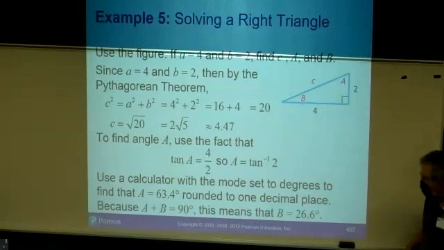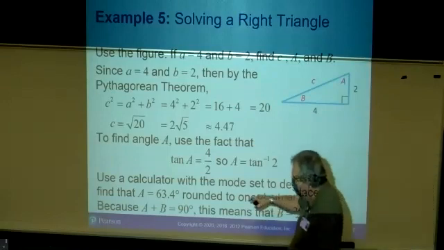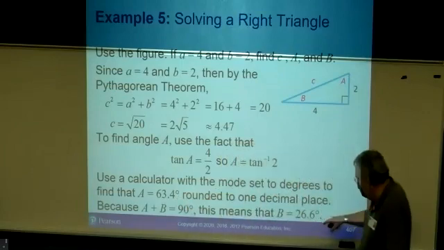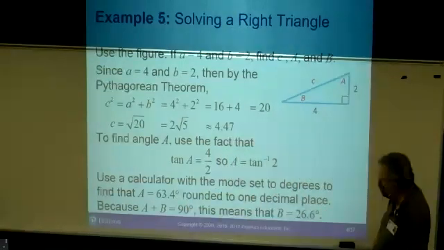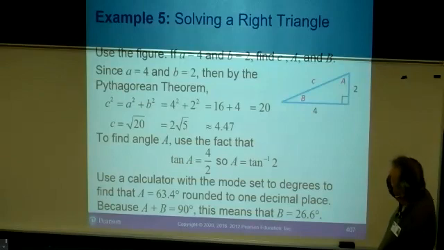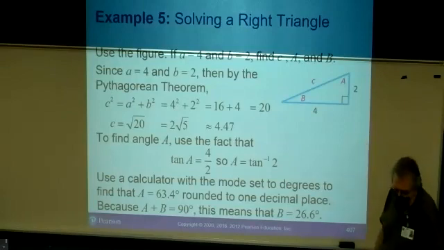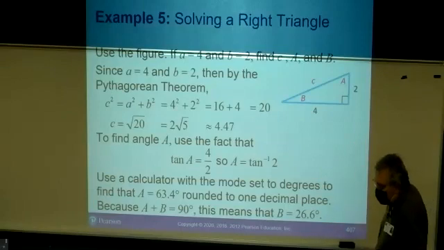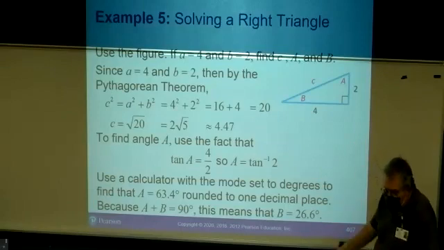And then to find B, you subtract the 63.4 from 90 to get 26.6 to find angle B. And that's what they mean by solving a right triangle: you're given certain information about the right triangle, find the rest of it.